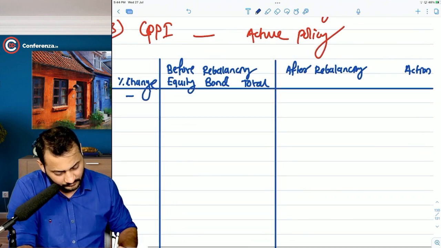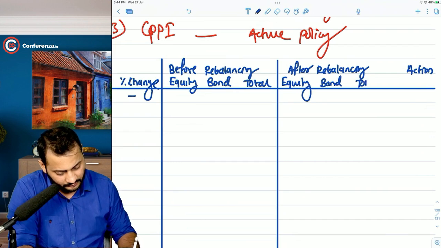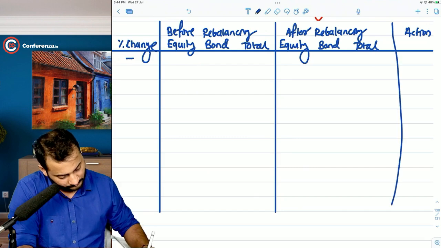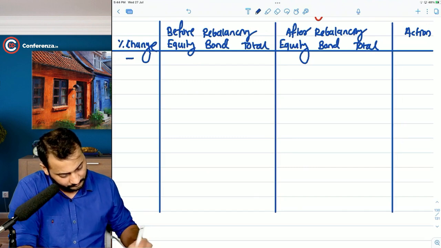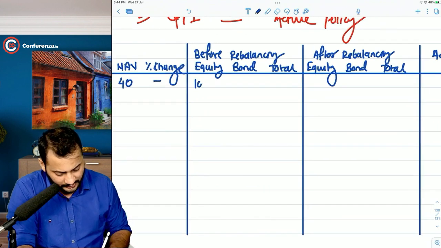Cool. And after rebalancing also it will be equity, bond and total. Okay. So we have invested 1 lakh.